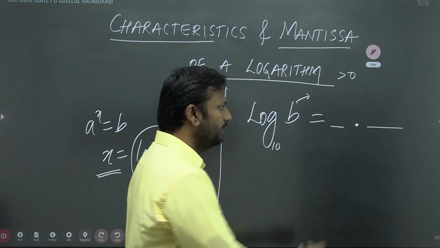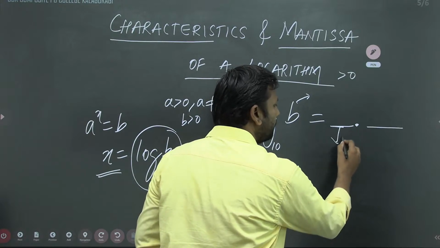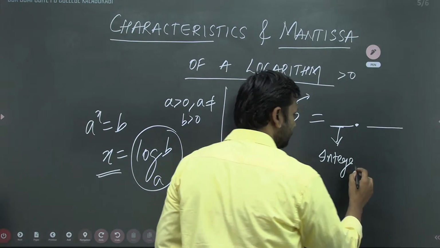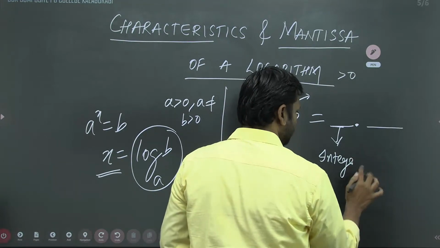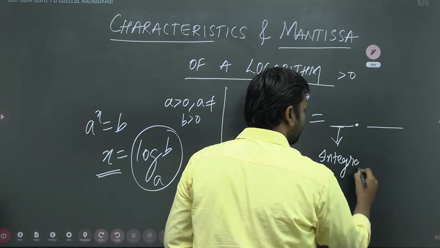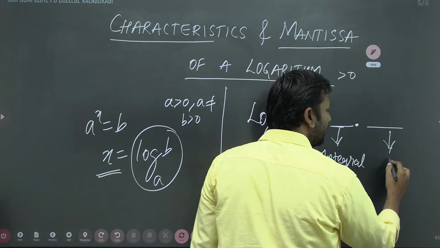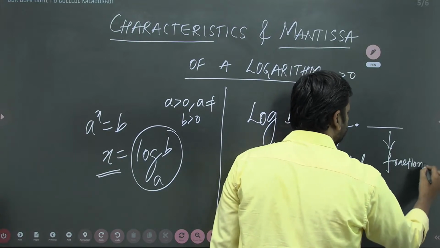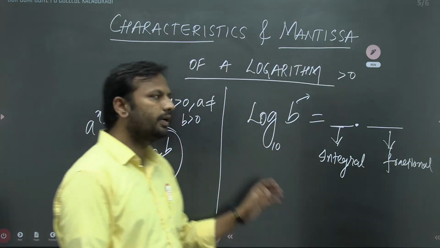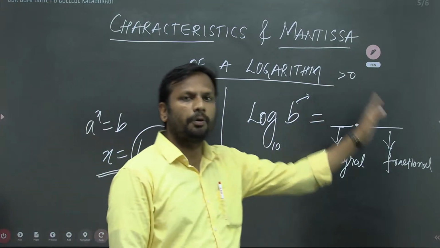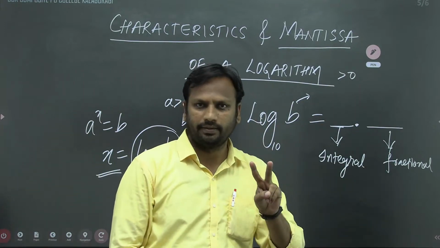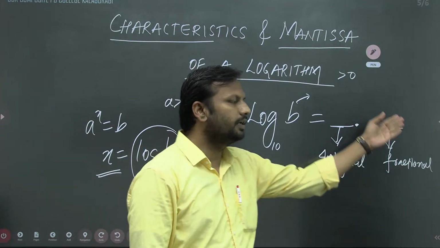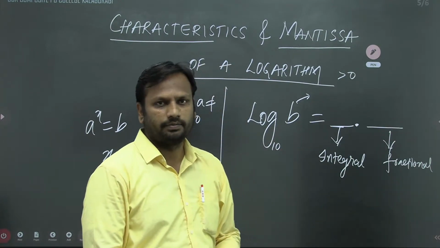One is the integral part, and the other is the decimal part or fractional part. The logarithm of a number will be obtained in the form of these two things: one is the integral part, another is the fractional part.